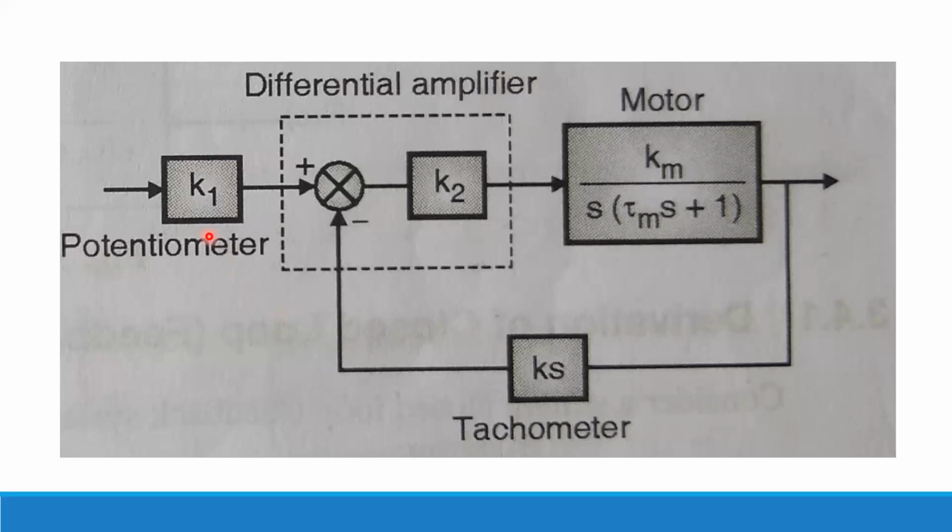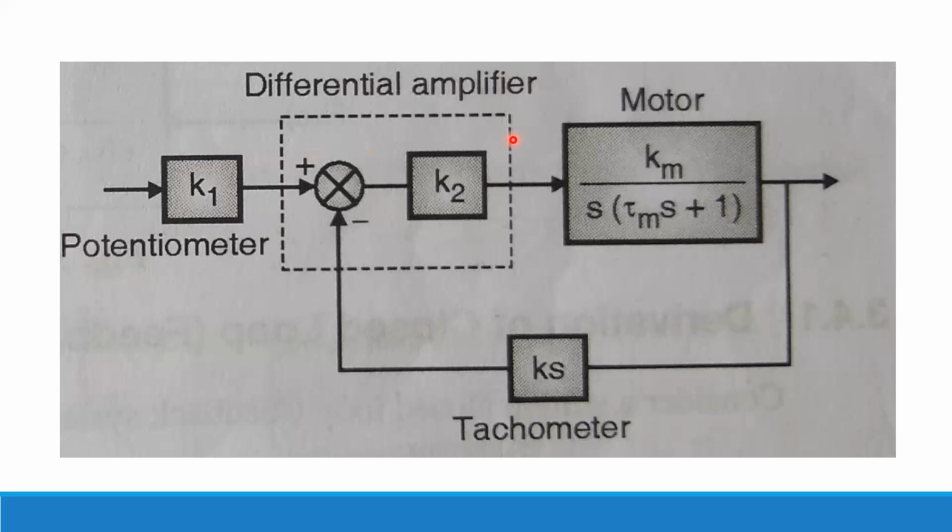The potentiometer is represented by K1, the differential amplifier by K2, the motor by Km divided by S(tau m S plus 1), and the tachometer by Ks into S.